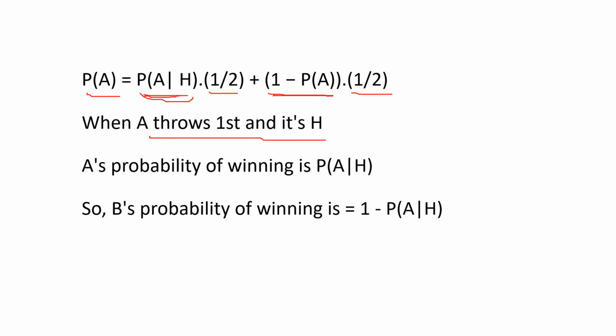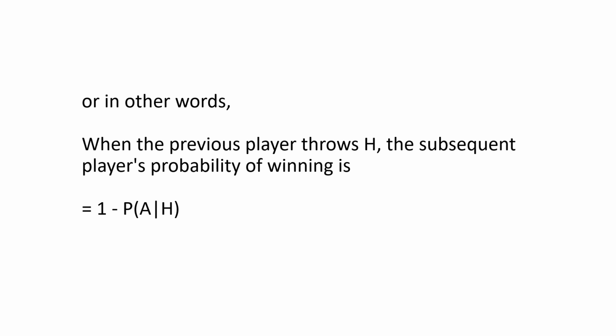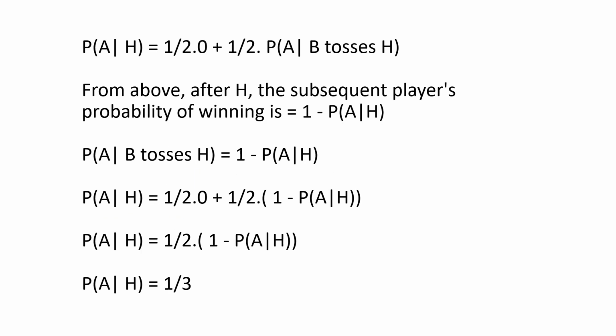When A tosses heads, A's probability of winning is PA given H. So B's probability of winning would be 1 minus the probability of A winning given A tossed heads. In other words, when the first player throws a heads, the subsequent player's probability of winning is 1 minus PA given H. Now, when A tossed heads and it's B's turn, if B tosses tails, B wins the game.